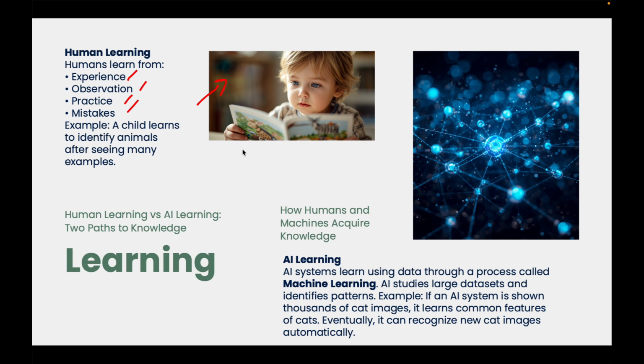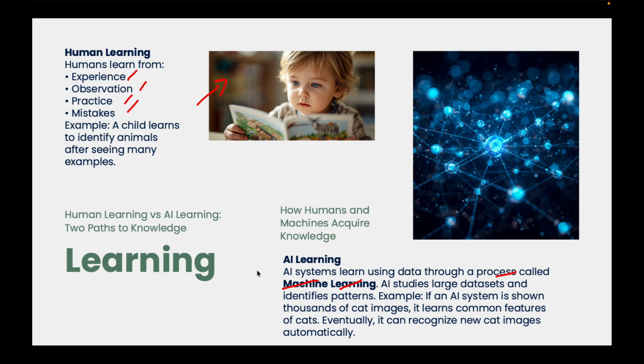Okay, in a similar way, AI also learns from data. But see here, AI systems learn using data through a process that is called machine learning. This is very important, guys. Machine learning itself is a big concept. We have different types of machine learning, like supervised learning, unsupervised learning, reinforcement learning, semi-supervised learning, deep learning.